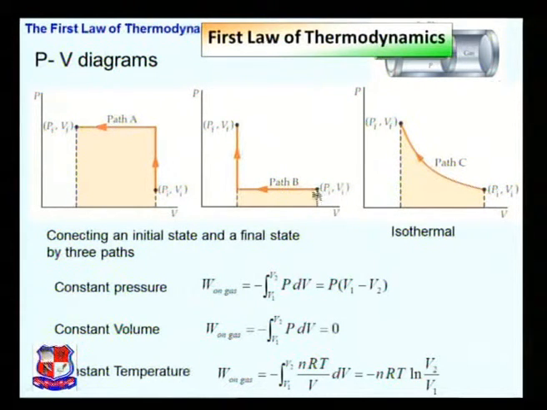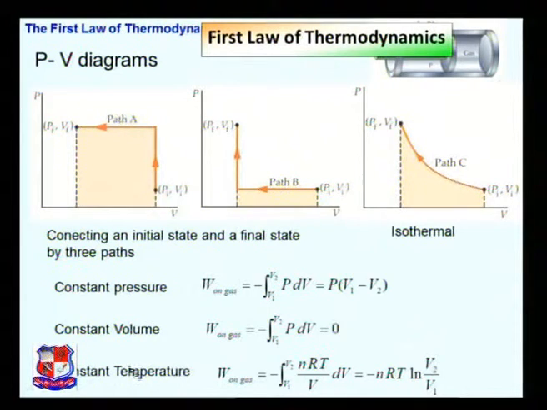Second is constant pressure and constant volume, and third is constant temperature, also called an isothermal process. For constant pressure, W on gas is equal to minus the integral from V1 to V2 of PdV, P into (V1 minus V2). For constant volume, W on gas is equal to minus the integral of PdV, which is equal to 0, because for constant volume from here to here it is 0.